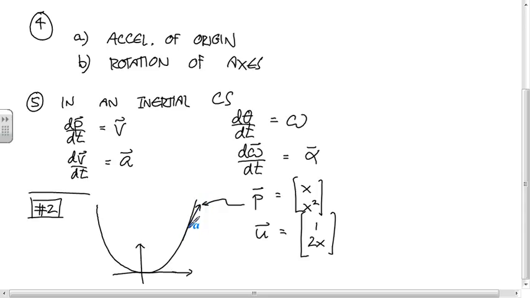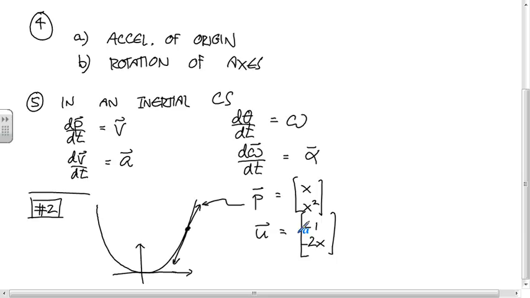So basically, there are two vectors that are tangent to the path at any point, right? One's going this way and one's going the opposite way. When you take the derivative with respect to the parameter, that gives you a vector that is tangent in the direction of increasing x in this case. The problem said decreasing x, and so the vector you want is this and this. It's just -1 times the vector.